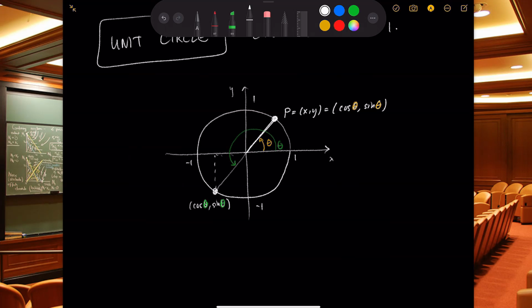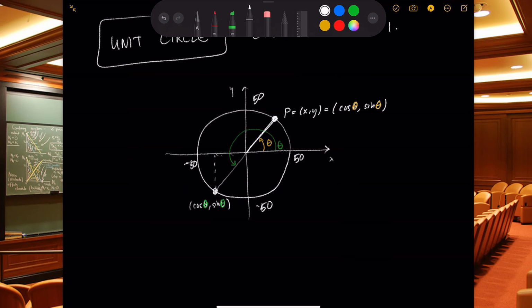Now, if you want to scale this up, right? Let's say I don't have a circle of radius 1, but I have a circle of radius 50. What happens? Well, it turns out that everything gets scaled up by 50, right?